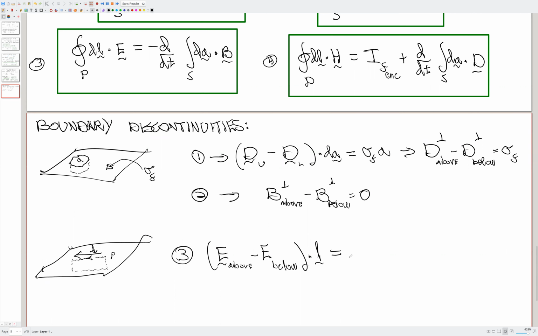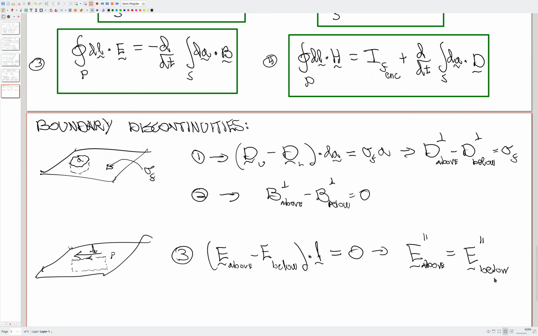So this goes to 0. Therefore, what this tells me is that the parallel components of the electric field, meaning the components parallel to the surface, so you've got 2 directions here, are, as before, continuous across a boundary.